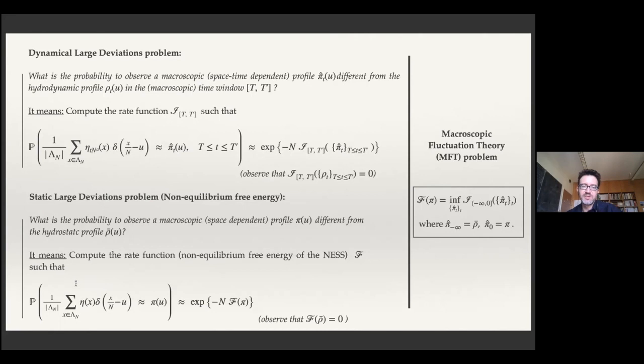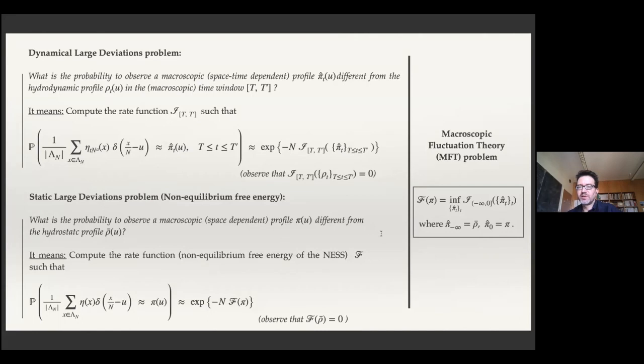So you start your system in the non-equilibrium stationary state, where the typical profile is a hydrostatic profile rho bar, and you ask what is the probability to observe some other macroscopic density profile pi. Again it will be exponentially small in the size of the system N, with some rate function F of pi, depending on the profile pi that you want to observe, some large fluctuation.